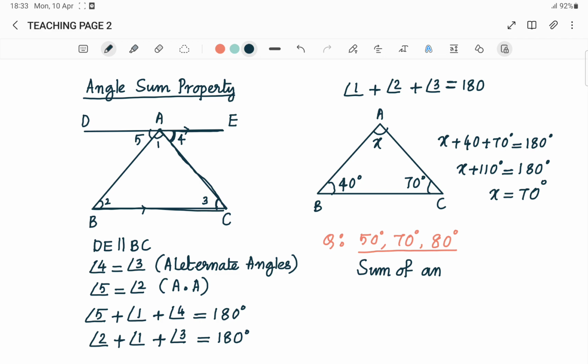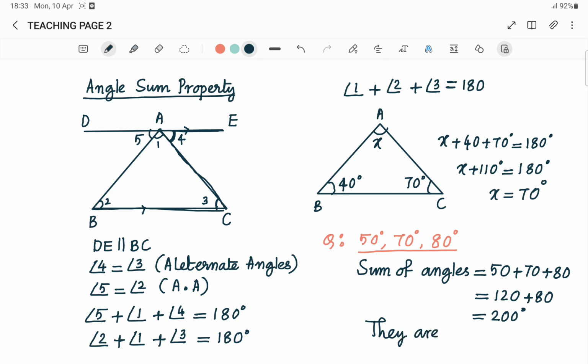The sum of angles is 50 plus 70 plus 80. That is 120 plus 80, which is equal to 200 degrees. So they are not angles of a triangle.